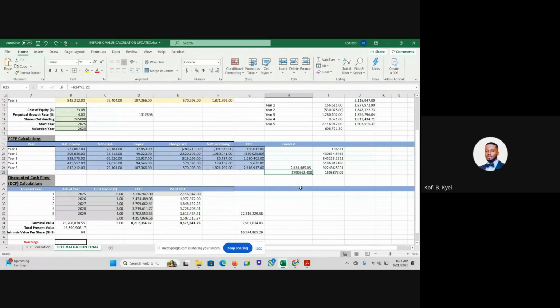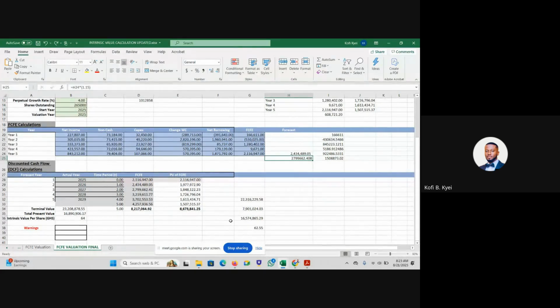I think I did not continue with the forecasting here. Okay, so these are the forecast fields. So 2116 is the base figure. Then you forecast through the rest of the years.